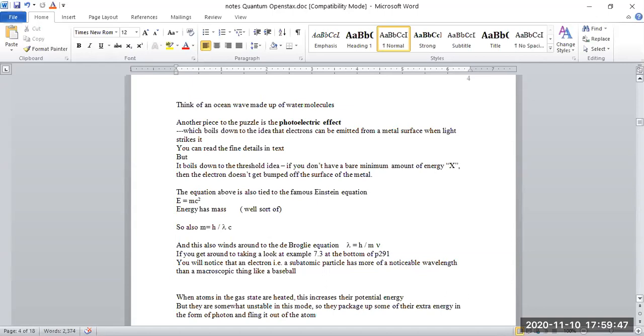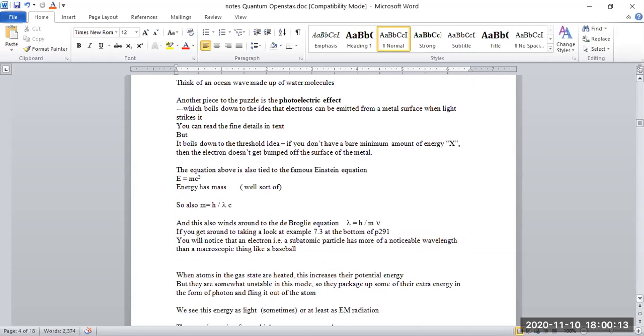If you square that, we've got 9 times 10 to the 16th meters squared per second squared, times grams, and a kilogram times meters squared per second squared is a joule.